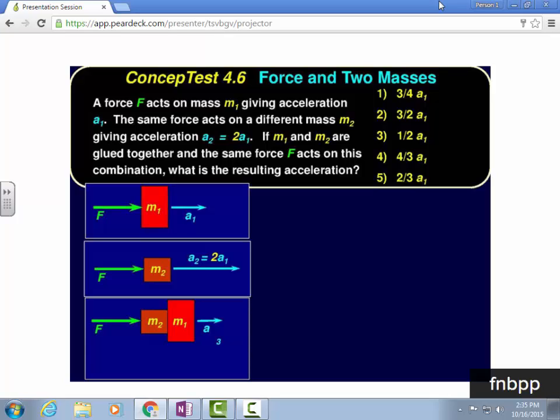So therefore, it's equal to the mass of the system times the acceleration of the system. What's the mass of the system? Times the acceleration of the system. What's FG2? M2G. What's FG1? M1G.